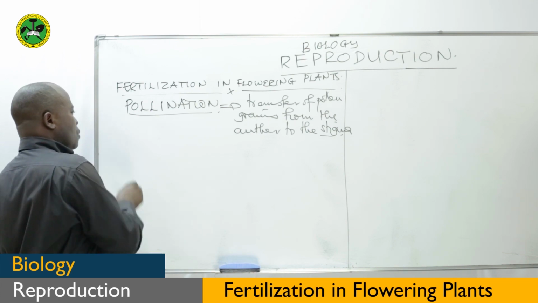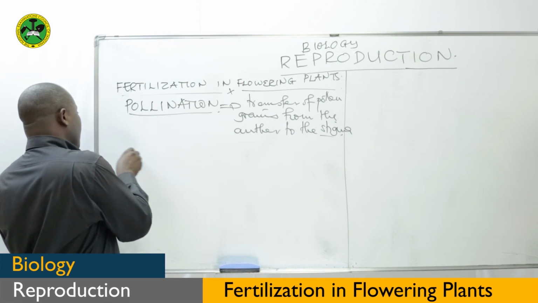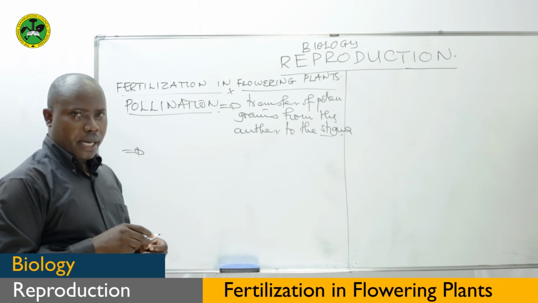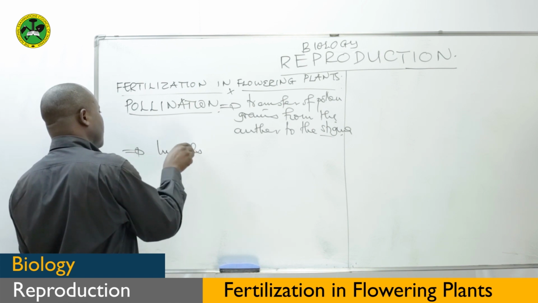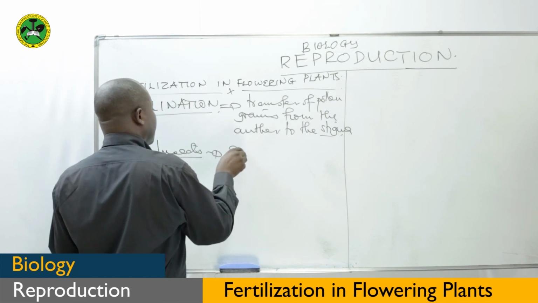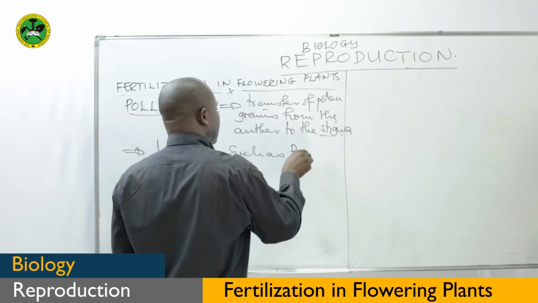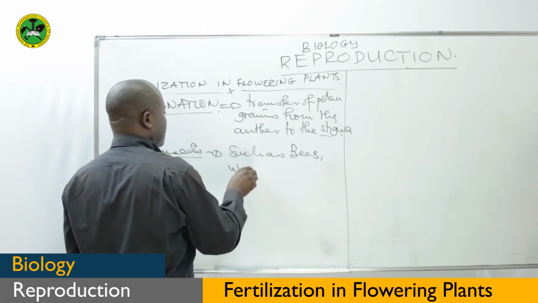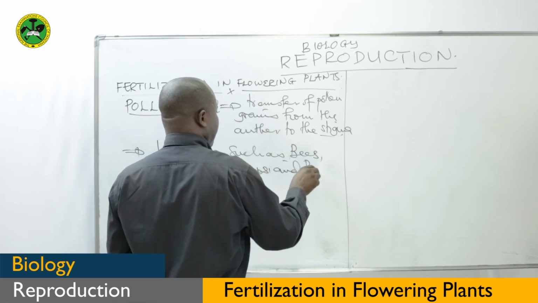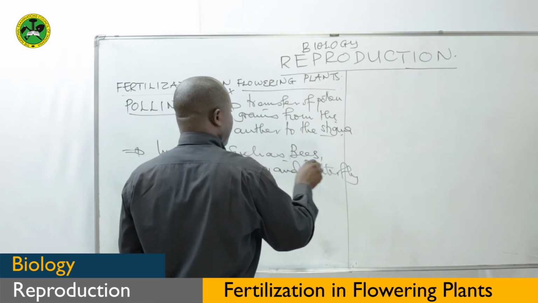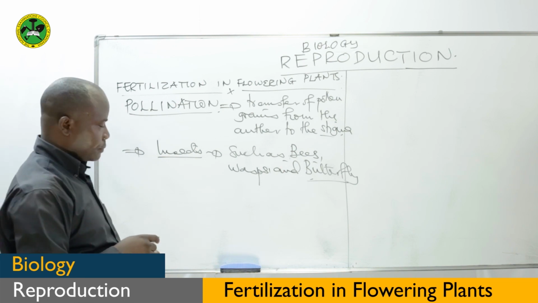To remind you, what are agents of pollination? There are several agents of pollination, but of most importance, we have insects. Insects such as bees, wasps, and the butterfly are very important in the process of pollination.